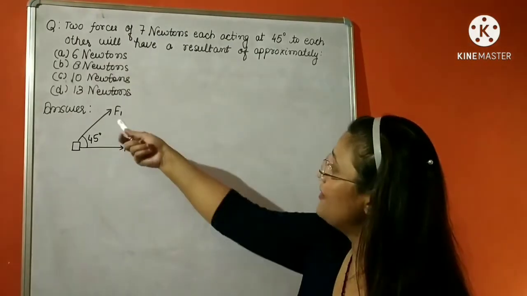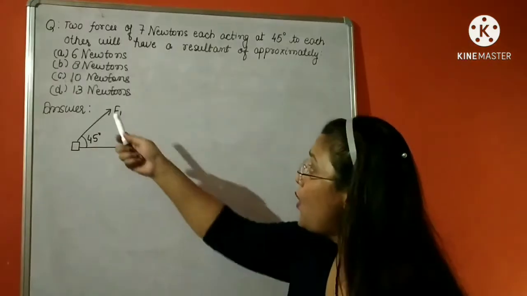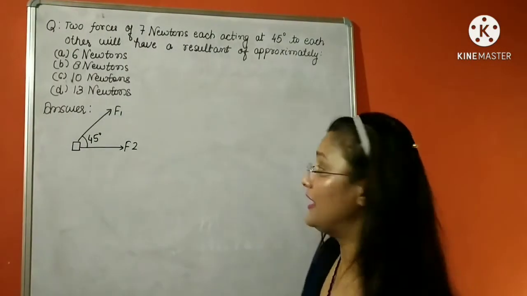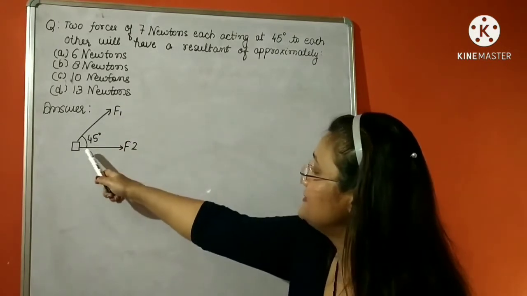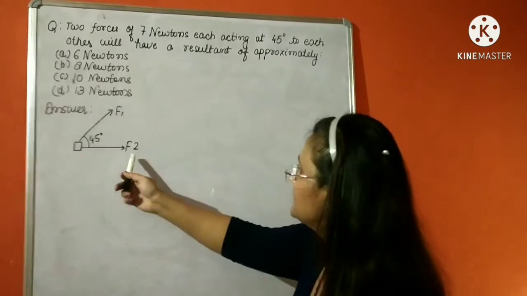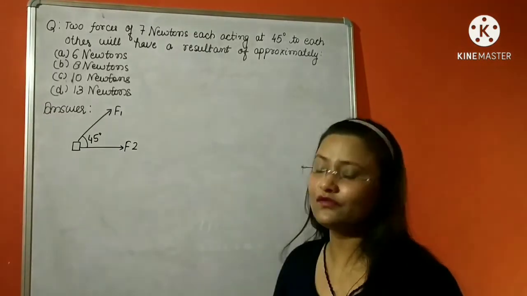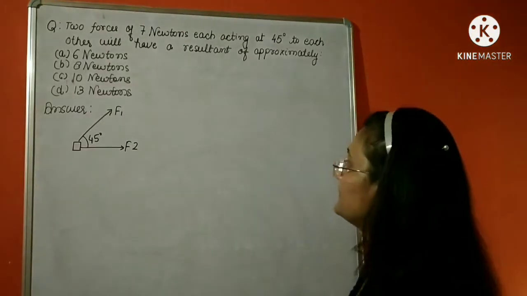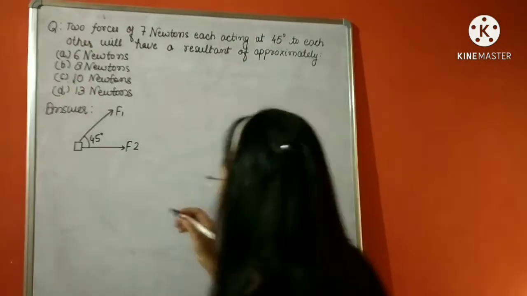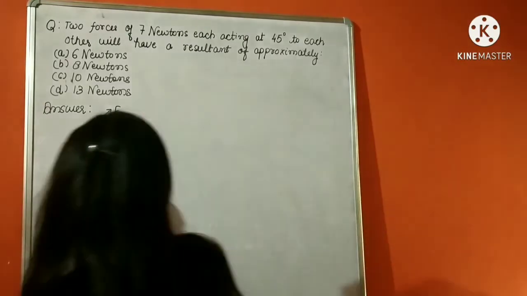So here I have made how exactly the two forces will look. F1 is acting in this direction and F2 is acting in this direction, and the angle between them is 45 degrees. Now the formula for the resultant force is, let me write it down here.